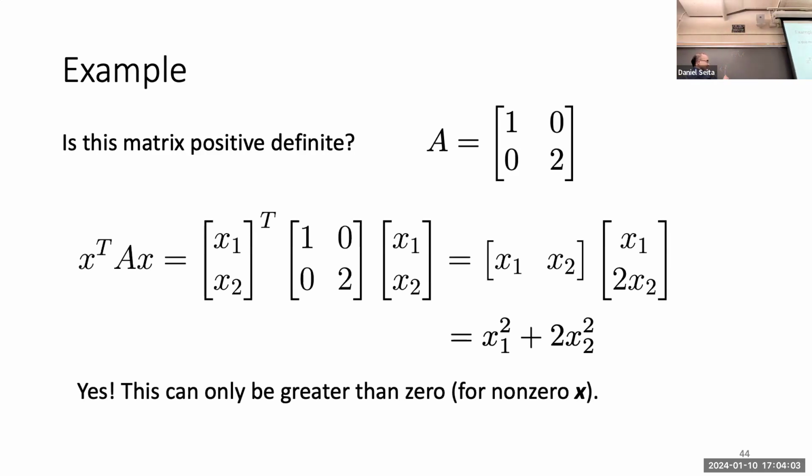You have X with X1 and X2, so this is taking the transpose of that, and then you have A and then X. When you do this multiplication, by standard matrix multiplication, you get X1 and then 2X2.